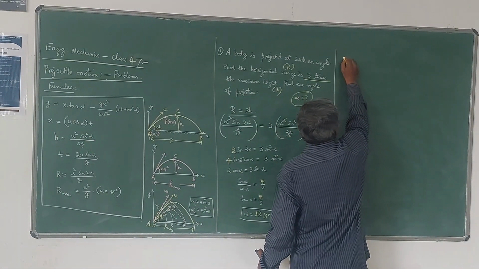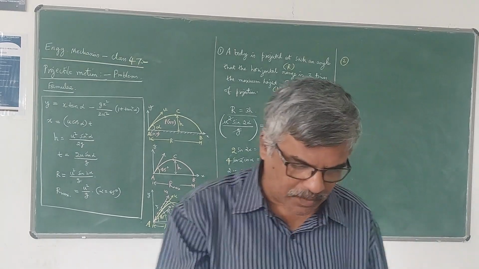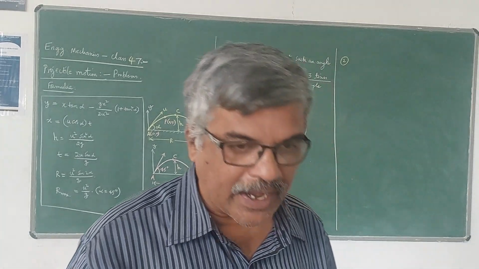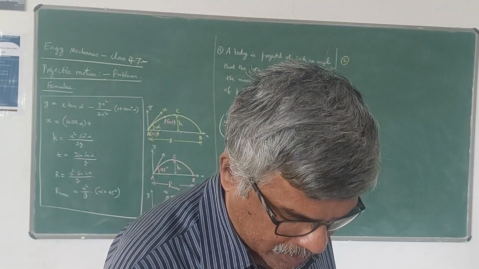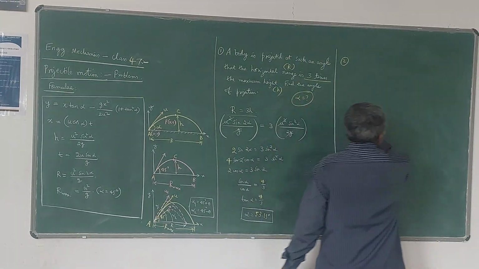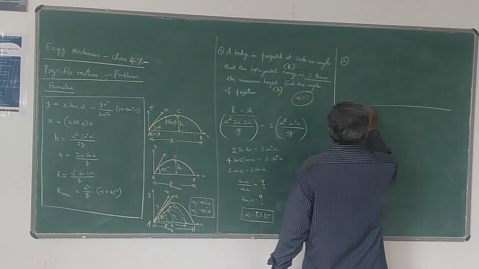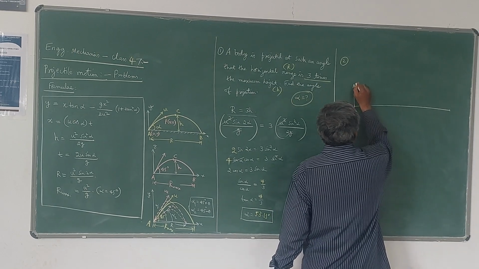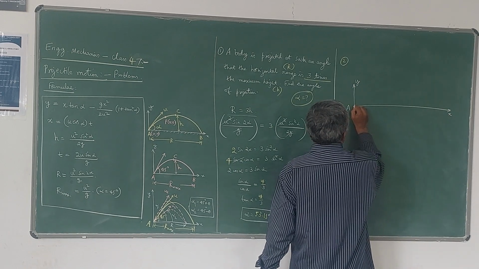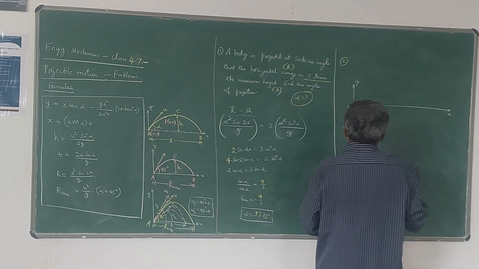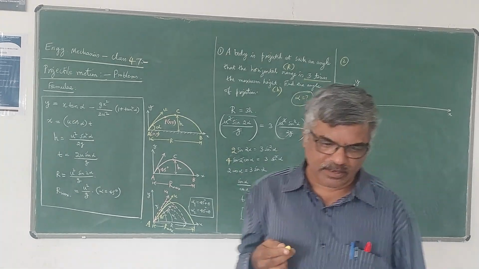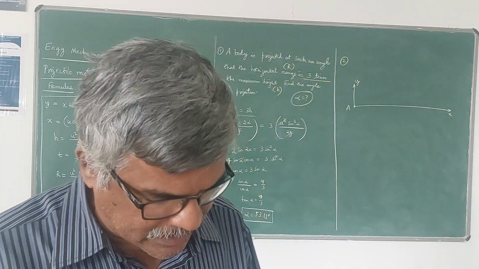Next, second problem, slightly different. In this problem, what he has given is, a projectile is aimed at a target on the horizontal plane and falls 12 meters short when the angle of projection is 15 degrees. Here a projectile is fired like this. This is the y-axis, this is the x-axis, the horizontal plane, and the starting point is this. It is targeted at some point, but it cannot reach the exact point.